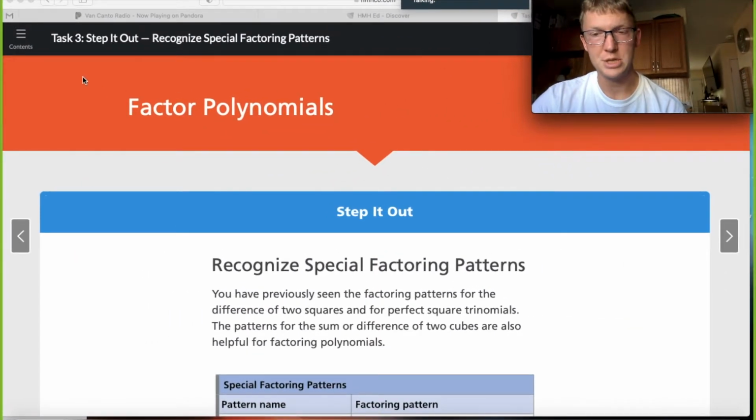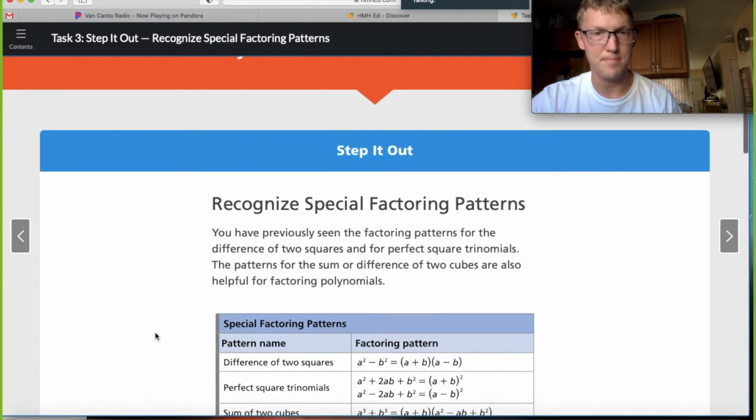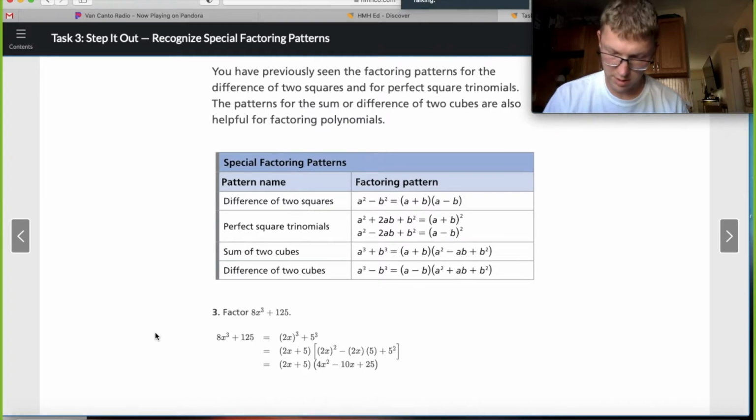So we just mentioned a pattern with the difference of two perfect squares. In the same way, there are some common patterns with degree 3 polynomials. So that's what we're going to look at. So here's our pattern of difference of two squares, and that's if you have a squared minus b squared.